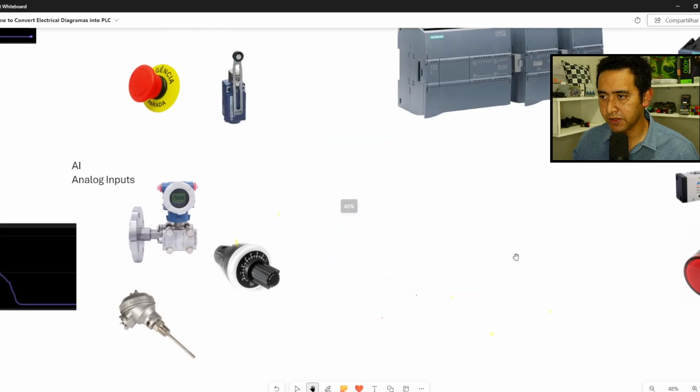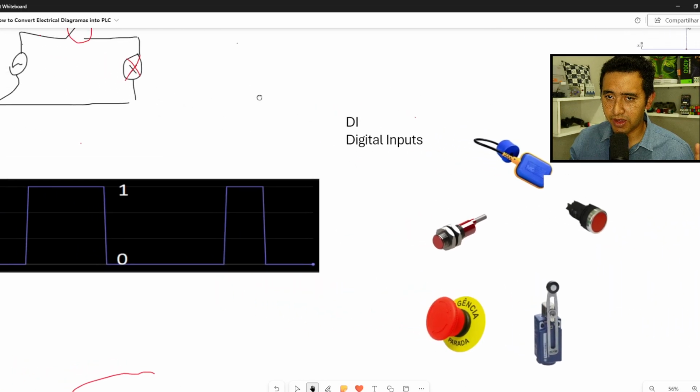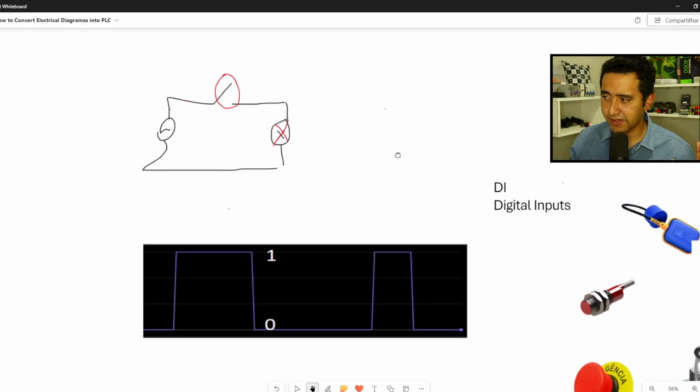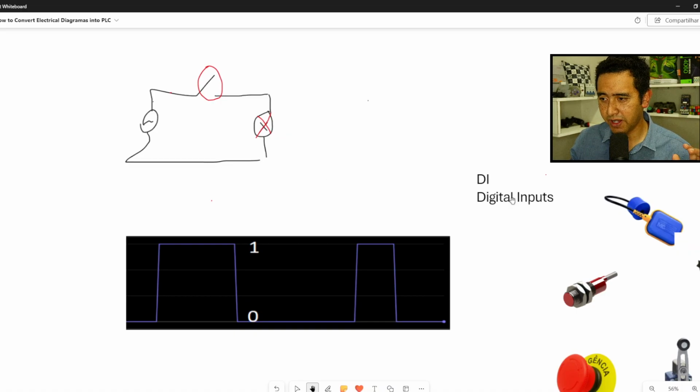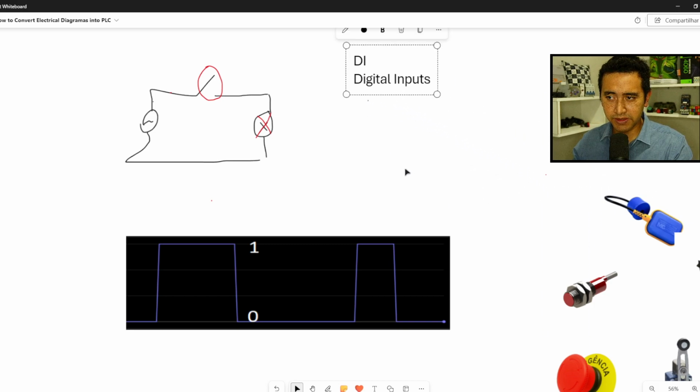That is why we think about digital signals and analog signals. But what is a digital signal? To understand this principle, I created this simple diagram. If you are already an electrician, it's easy to understand. Let's put here the digital inputs, but what is a digital input?